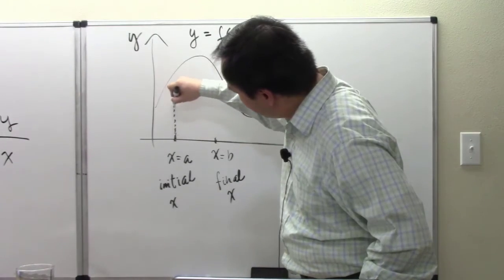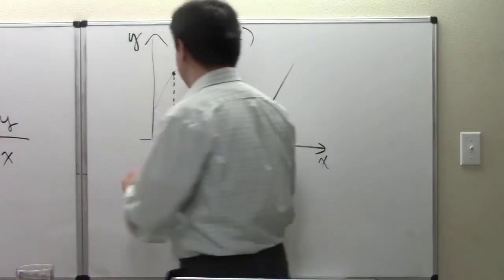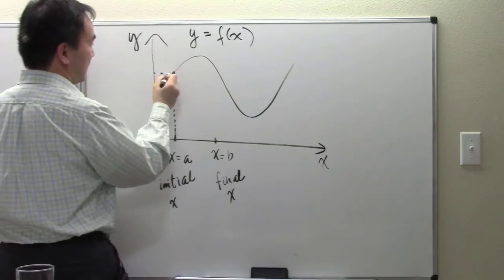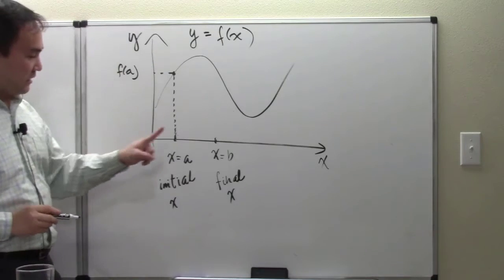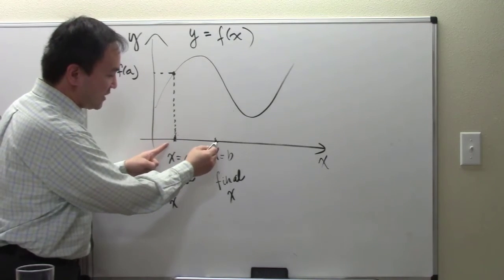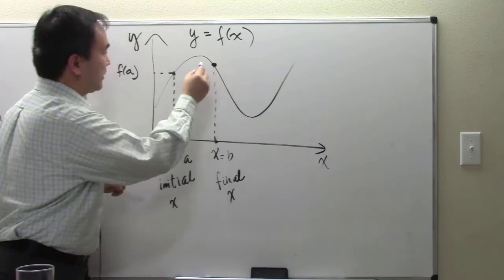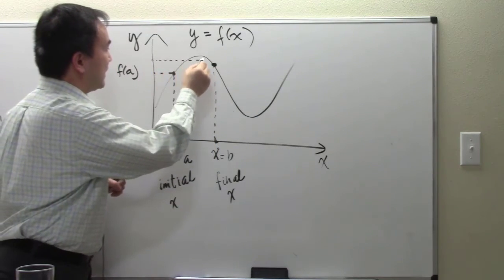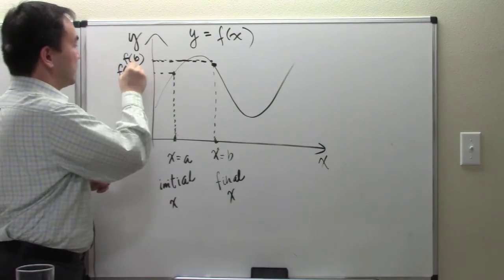When you are looking for that point on the graph where x equals a, the height here is f of a. And when we have reached x equals b, on the graph we are at another point, whose height is understood as f of b.